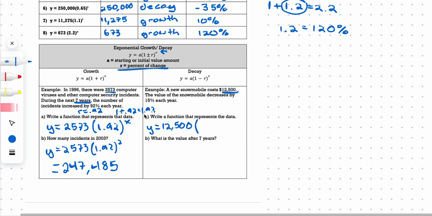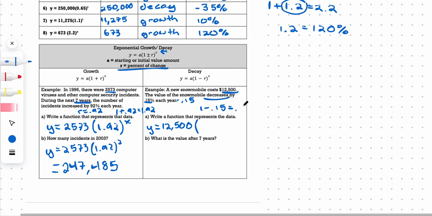And then we need to find out our b value. And so we're given our r value, right? It's decreasing by 15% each year. So 15% as a decimal is just 0.15. And since we're decreasing, we're subtracting, right? So we're going to do 1 minus 0.15.